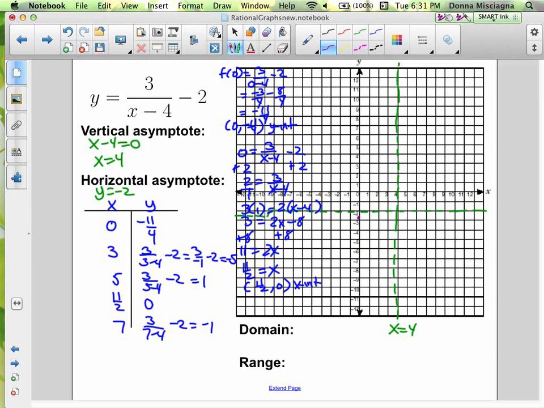And then I plugged in 3. Oh, I could have plugged in 1. 1's a pretty point. Since there's one more pretty point, I'll plug that one in. So 1 would be 3 divided by 1 minus 4. That's going to be 3 over negative 3, minus 2. Don't forget the minus 2.